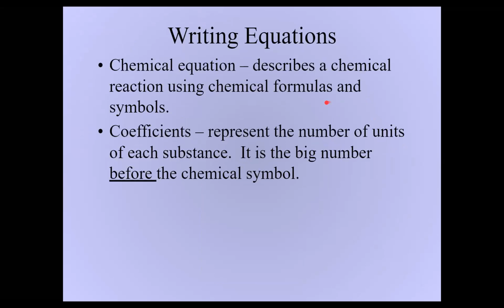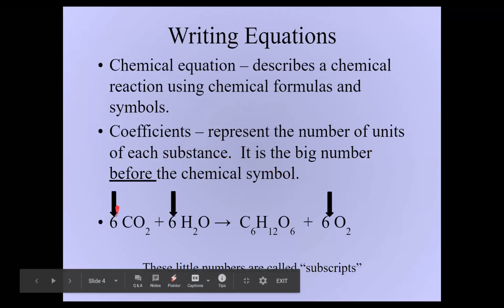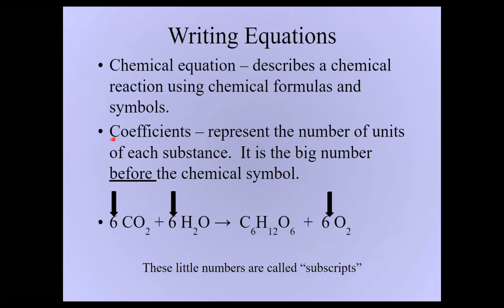They are called coefficients. So a coefficient just represents how many of each molecule, how many of each compound we have in our equation. So it's the big number before the chemical symbol. So this big 6 and this big 6 and this big 6 are all coefficients.